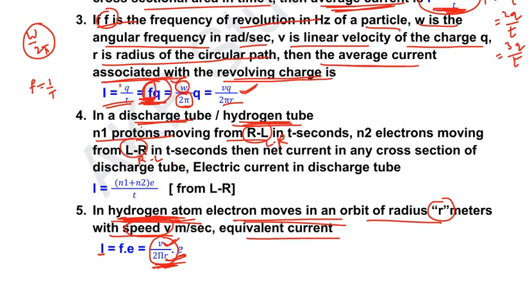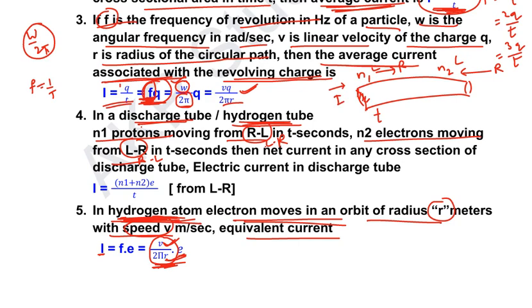If N1 protons are moving from left to right in t seconds, for example in this discharge tube, and N2 electrons are moving from right to left, then the net current passing through any cross section of the discharge tube is, what is that?